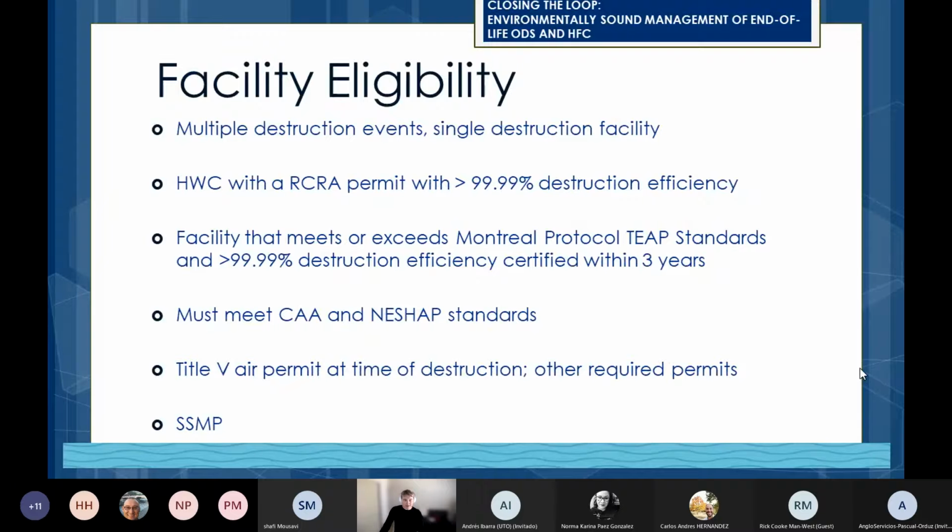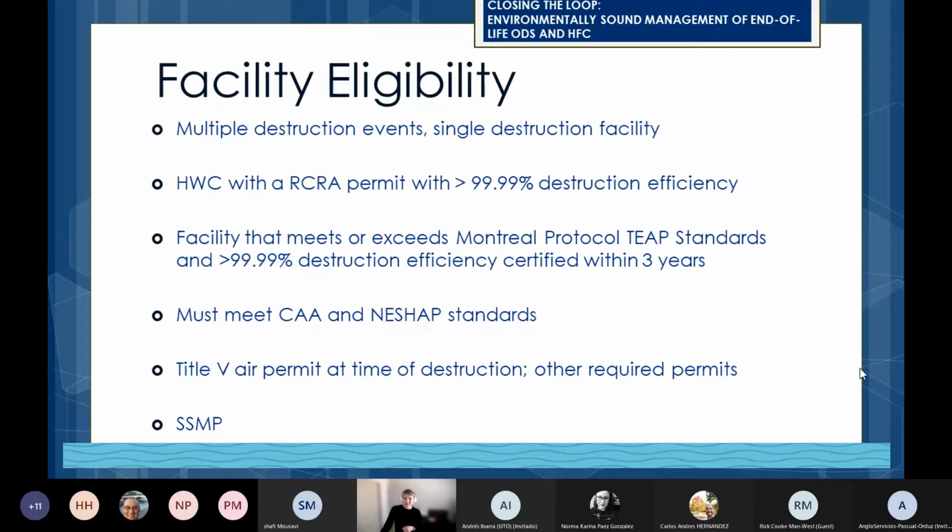So some examples of eligibility, I'm taking these straight from the California Compliance Market Protocol as an example. There will be eligibility for the facility where the destruction event occurs, and also eligibility for the materials. So for example, you can have single or multiple events at a single destruction facility.